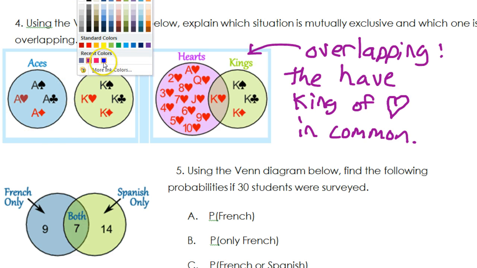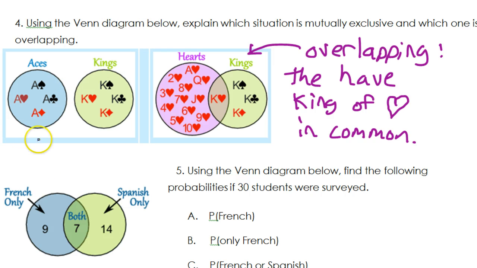Let me change colors a little bit, and I will say these guys are mutually exclusive.